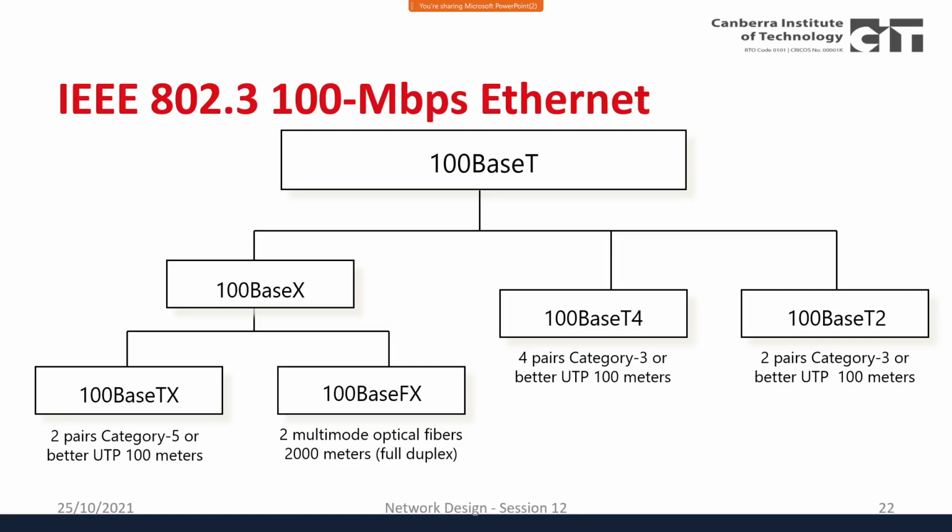We also have 100BASE-T4, 4 pairs of category 3 or better that can go up to 100 meters. And we also have 100BASE-T2, where 2 pairs of category 3 or better unshielded twisted pair cables are used, and they can go up to 100 meters. So if there's one thing in common with the unshielded twisted pair copper cables, it's that most of them only go up to 100 meters.